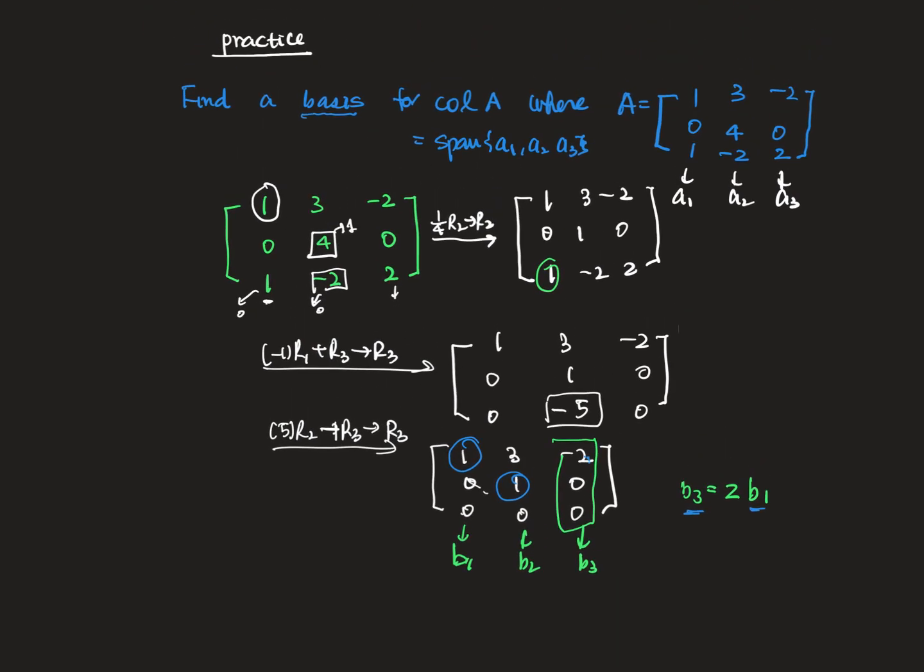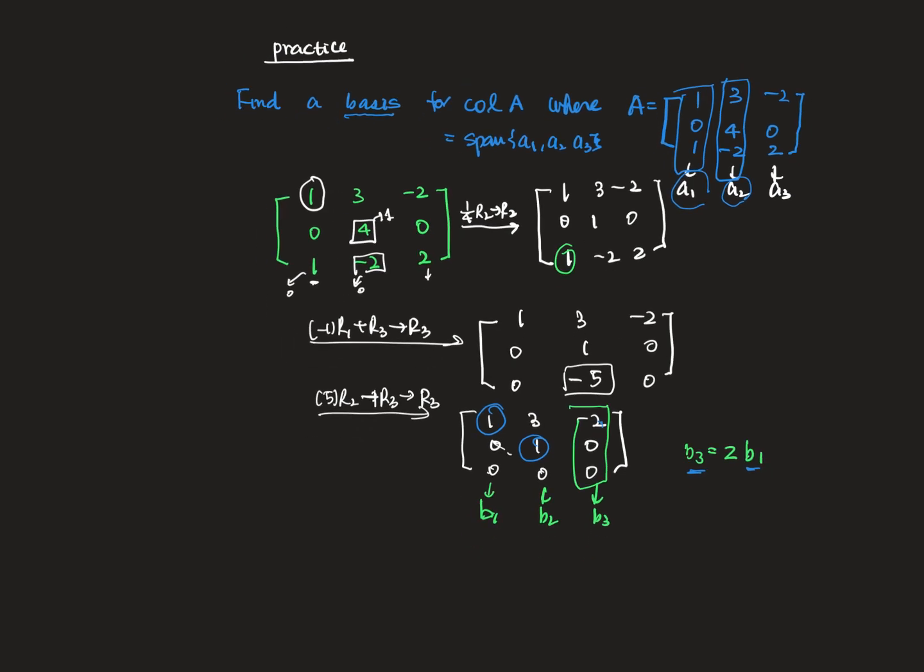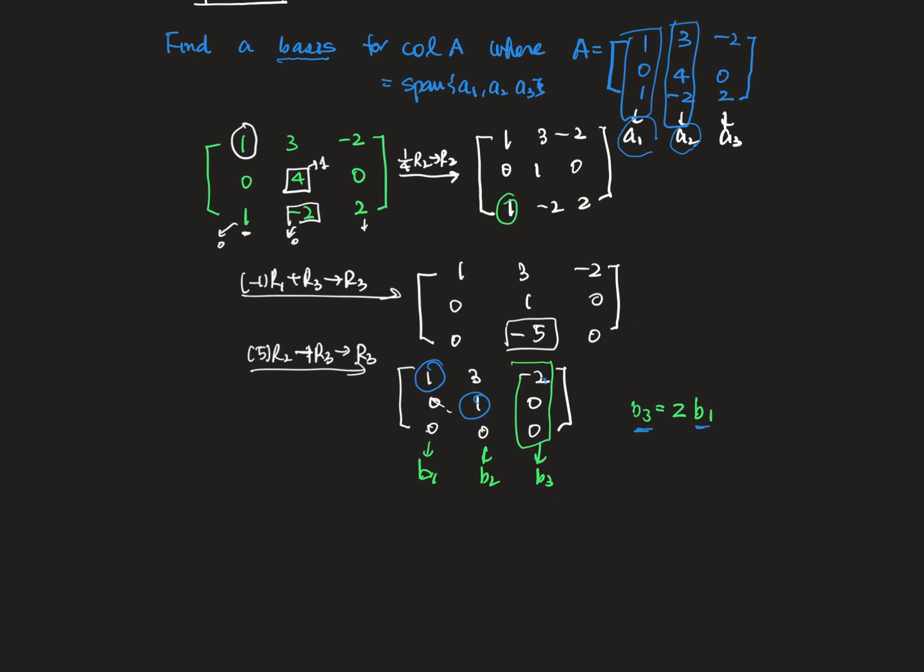So the corresponding columns of A are A1, A2, and they will be the basis. We say A1, A2 span the column space of A, because B3 is a linear combination of B1, which means A3 is a linear combination of A1, A2.